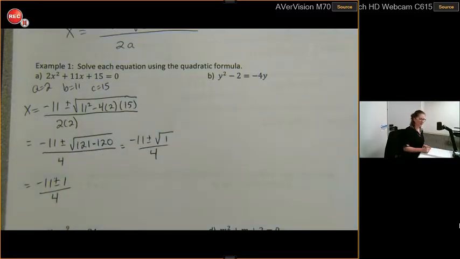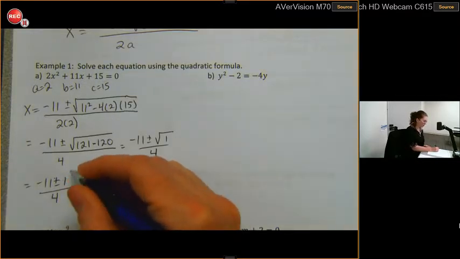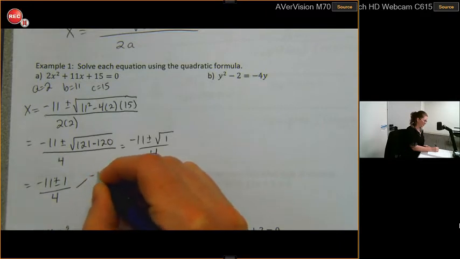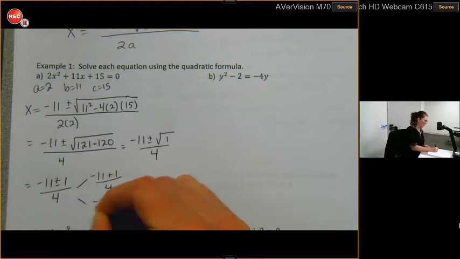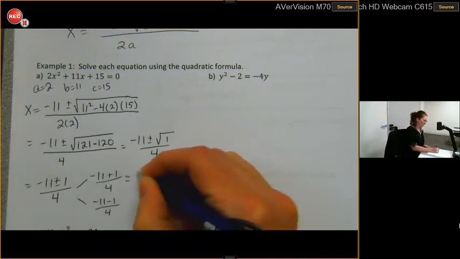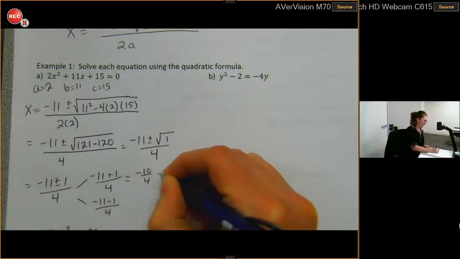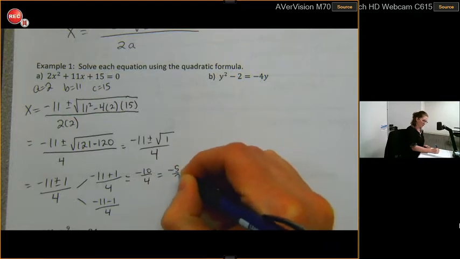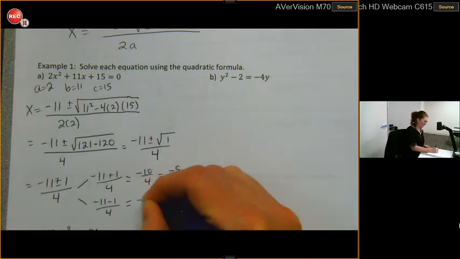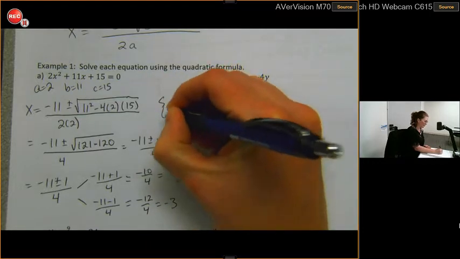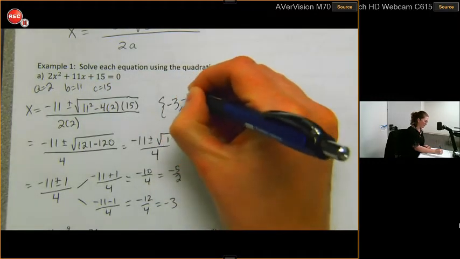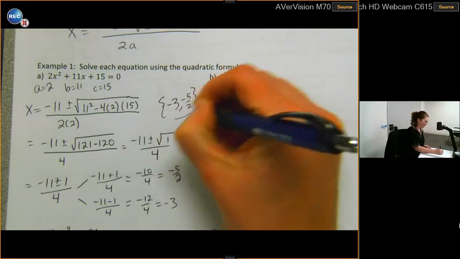Then I can split this up into 2 problems, and I only split it up and actually solve it all the way when I don't have a square root anymore, which is the case here. So I have negative 11 plus 1 over 4 and negative 11 minus 1 over 4, and simplify the fraction. So my solution set is negative 3 and negative 5 halves.